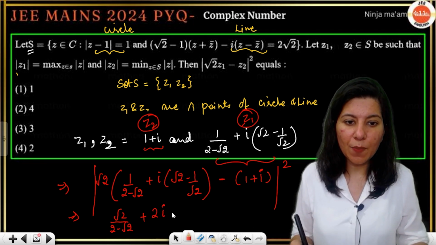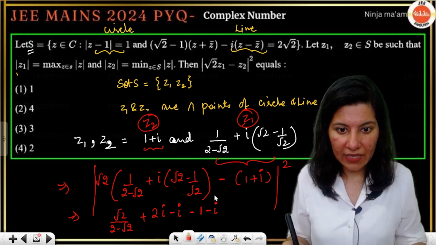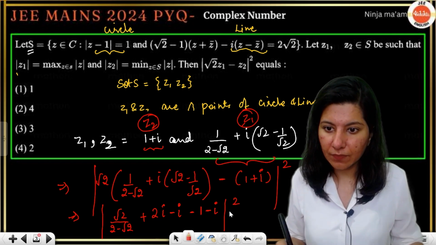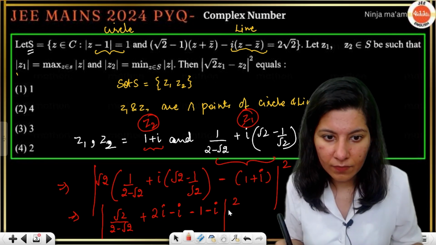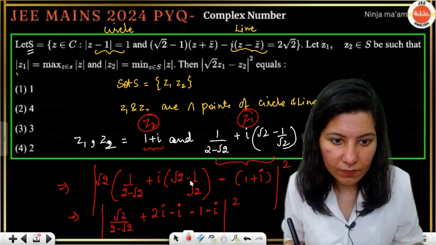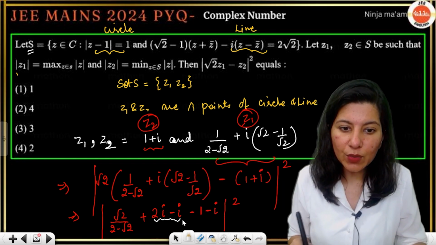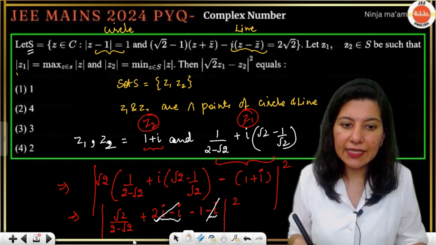If you multiply, so minus iota, that's it. Minus 1 minus iota, correct? And this is squared. So clearly, this is 1 iota, this is minus iota, this is getting cancelled out.